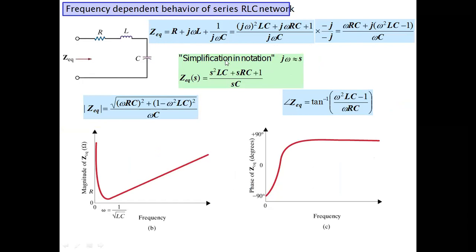You will get Z equivalent equal to s square LC plus s RC plus 1 upon s C, when we are having all inductor, capacitor and the resistor.